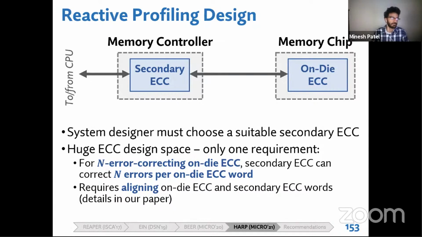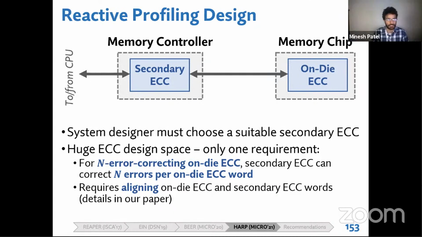And there's endless possibilities there. And I think the short answer is yes, that the correction capability is the same or greater per on-die ECC word. Then I think, if I understand what you're saying, the flexibility of secondary ECC is very much dependent on what's implemented in the on-die ECC, right?